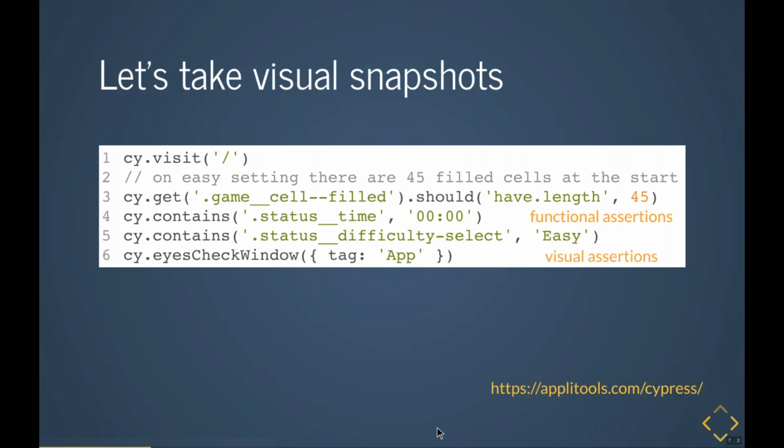But to do a visual test, we do eyes.checkWindow, which is the eyes plugin added to the cy object, and we specify a name for the screenshot. We call it a tag. What this will do is take a screenshot of the page and generate screenshots for all the various browsers that we had in the eyes open.